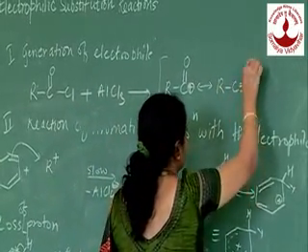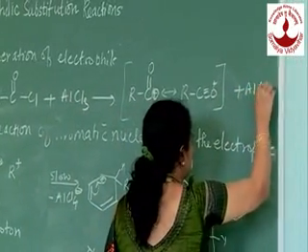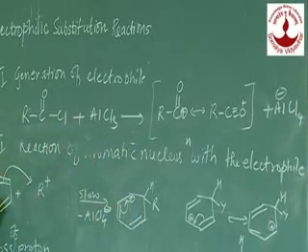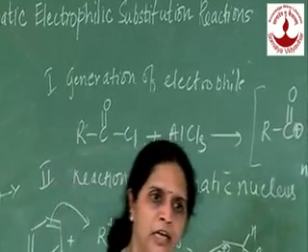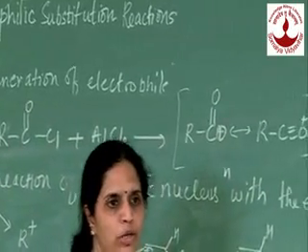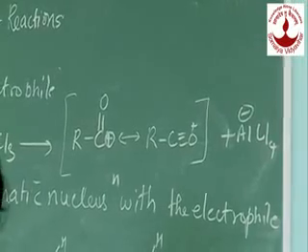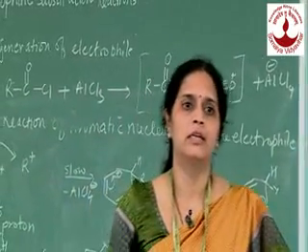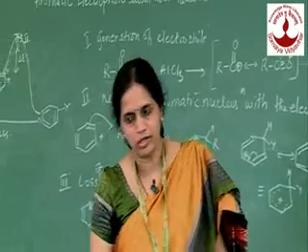You can show two resonating structures plus AlCl4 minus. The acylium cation is attacked by the benzene ring. You eventually get a ketone. So if you have started with acetyl chloride, you will get acetophenone as the product. Or if you have started with acetic anhydride, again you will get acetophenone as the product.